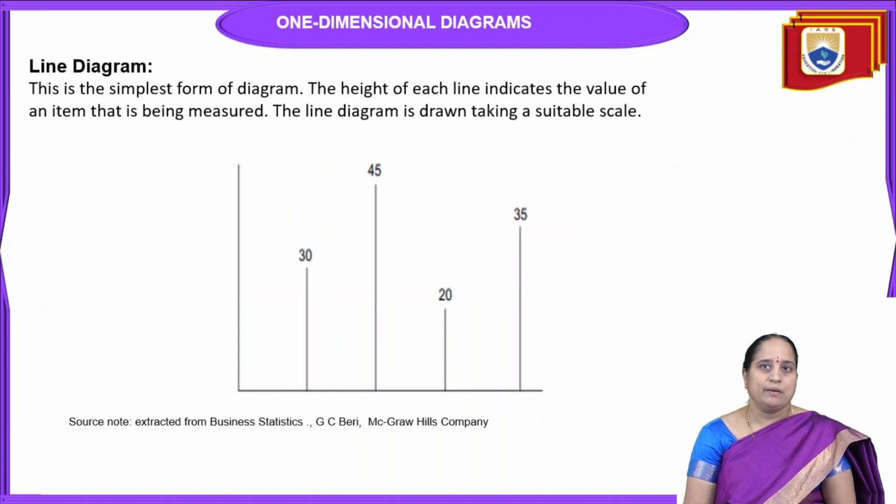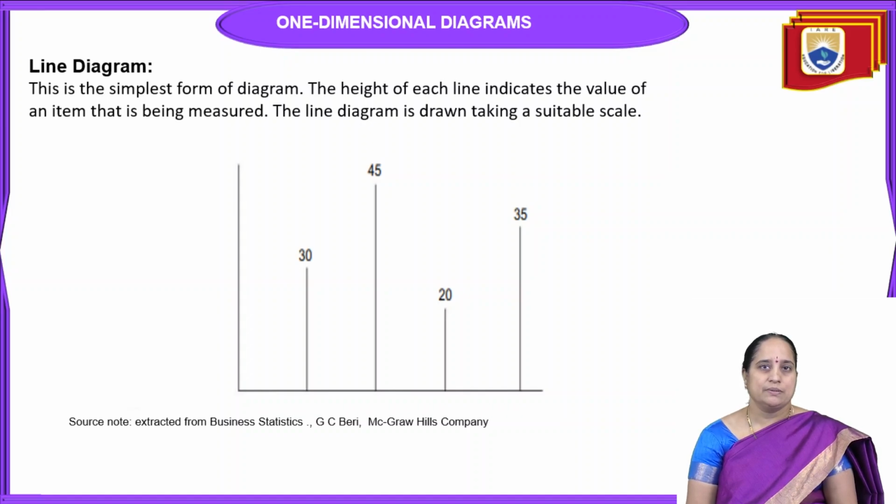So coming to the one-dimensional diagrams, a one-dimensional diagram means we consider only one parameter. When you are going to analyze only one single characteristic, that is known as a one-dimensional diagram. Under this we have the line diagram.